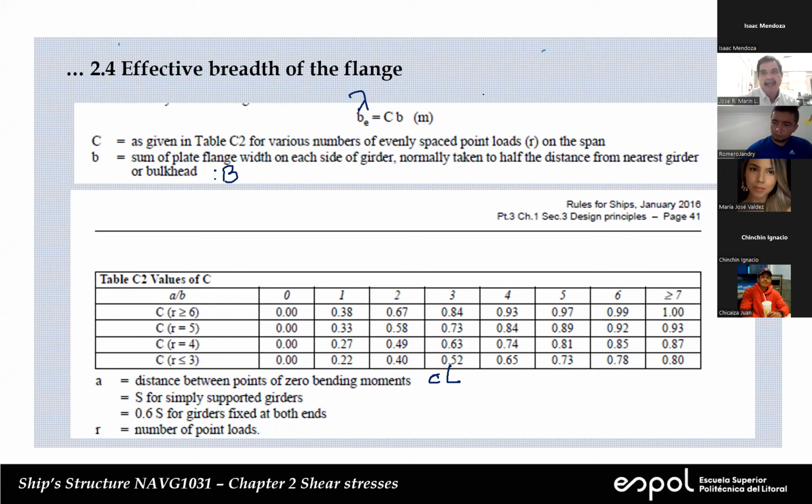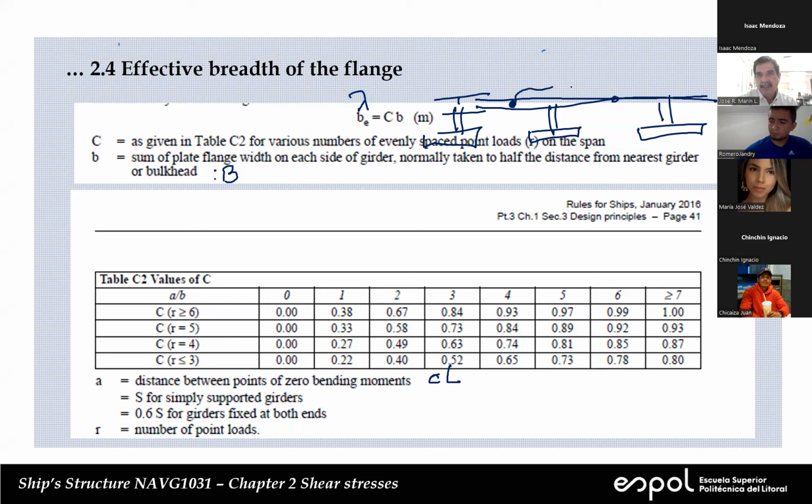So it's telling us that if we have a plate and we have a girder here, and another girder here, another girder here, we're analyzing this one. And it's saying that on each side of the girder, it's taken half the distance. So the distance is from here to here. Half of that is here. From here to here, the half is that.